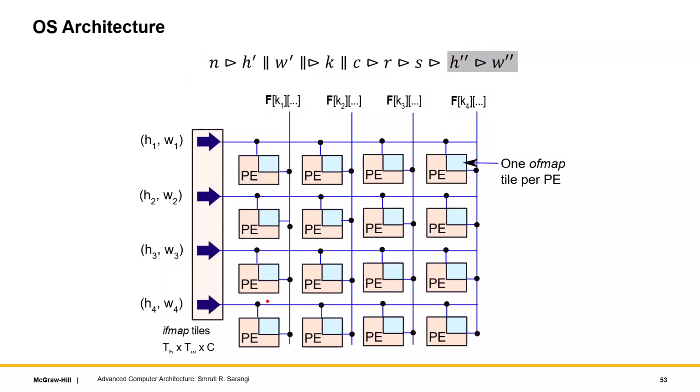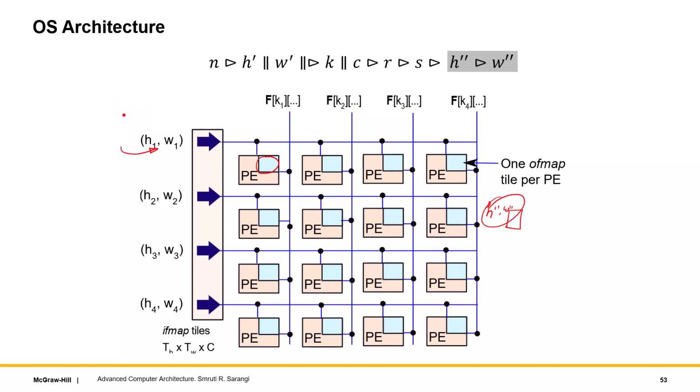Now let's look at the OS architecture. In the OS architecture, we store one OF map corresponding to a given HW region, corresponding to an H' W' tile, one in each local buffer. Then we stream the inputs for the same H1 W1 coordinates.